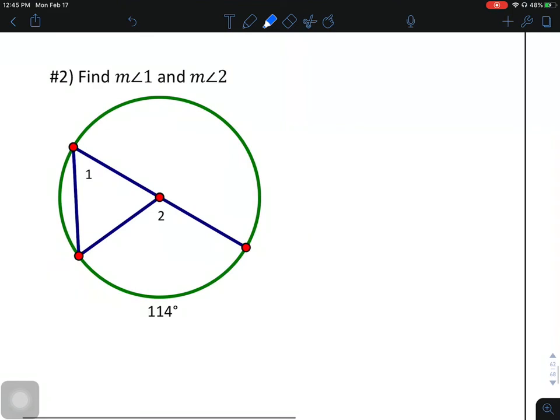Number 2, find the measure of angle 1 and the measure of angle 2. This picture is a little misleading, but this angle here and this intercepted arc have to be the same because the central angle is the same as the intercepted arc. Easy enough.